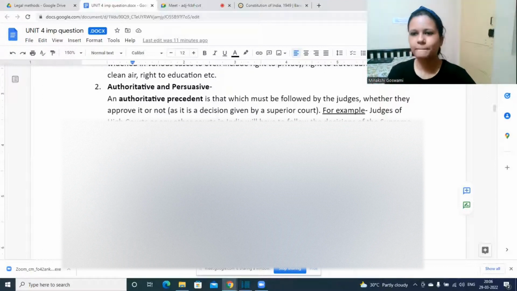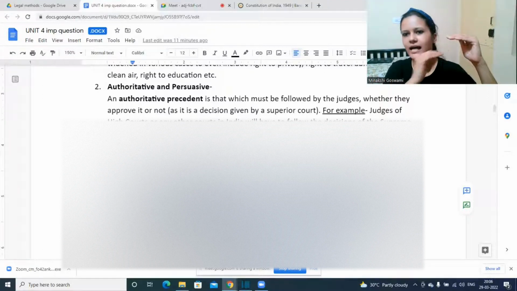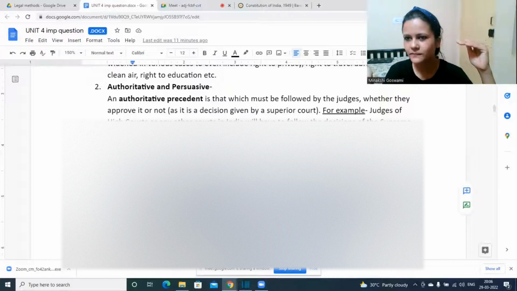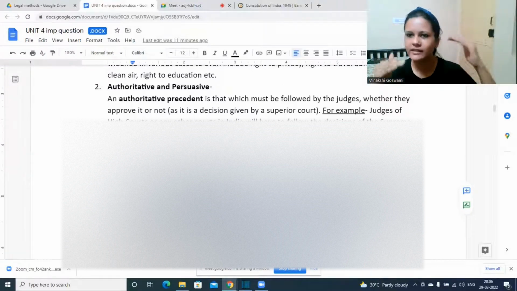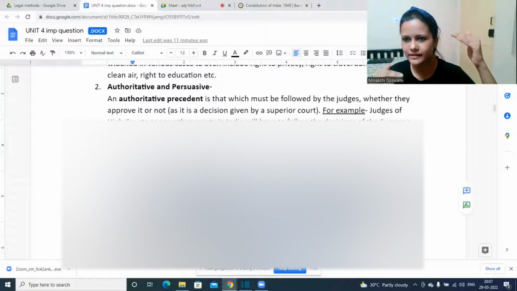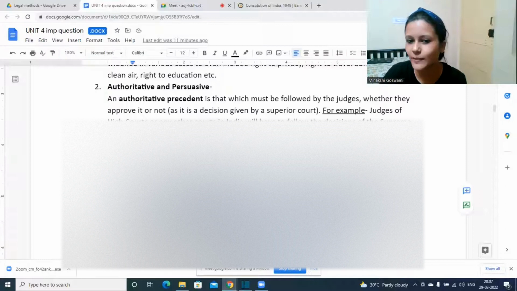For example, the Supreme Court's decision is otherwise authoritative precedent. But what about a Supreme Court decision in the Supreme Court itself? We need to consider how many judges decided this particular case. Depending on the number of judges, we say whether it is binding or not. That means the number of judges is the condition.